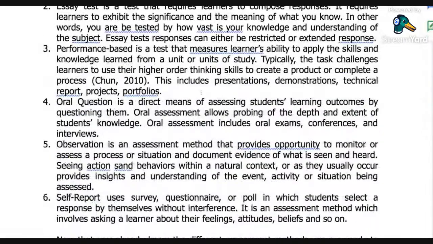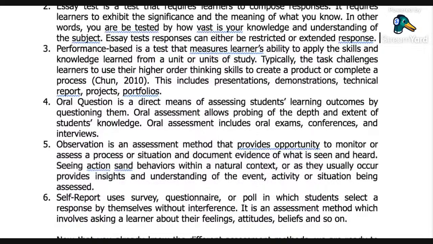So it's a test that measures learners' ability to apply the skills and knowledge learned from a unit or units of study. So typically, the task challenges the learners to use their higher order thinking skills to create a product or complete a process. So examples of these would be presentations, demonstrations, technical reports, project portfolios, and anything that involves performing.